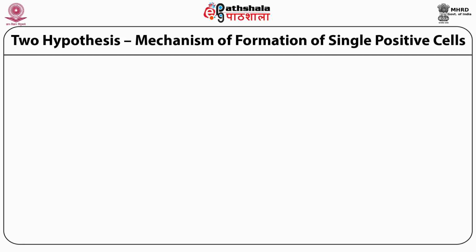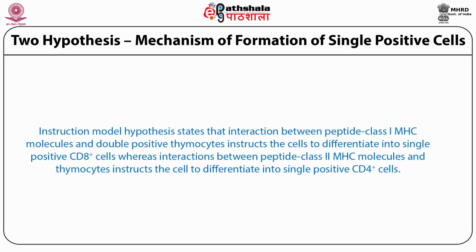Now again, hypotheses were given for the mechanism of formation of single positive cells. The first hypothesis, the instructional model hypothesis, states that interaction between peptide class 1 MHC molecule and double positive thymocyte instructs the cell to differentiate into single positive CD8 cell, whereas interaction between peptide class 2 MHC molecule and thymocyte instructs the cell to differentiate into single positive CD4 cells.